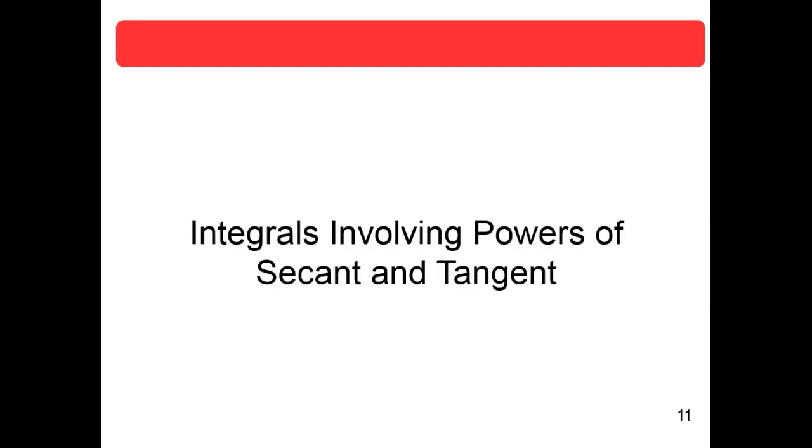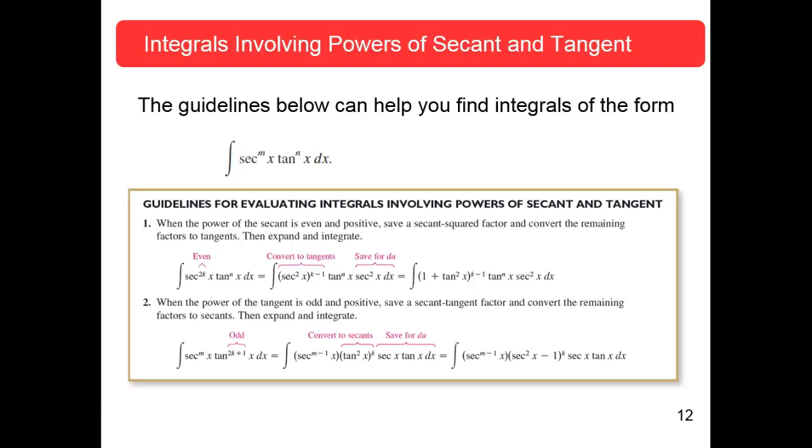All right, now we're ready for, on page 535, integrals involving powers of secant and tangent. And these guidelines will help you in these regards. We have the integrals of secant to the nth times tangent to the nth, dx.